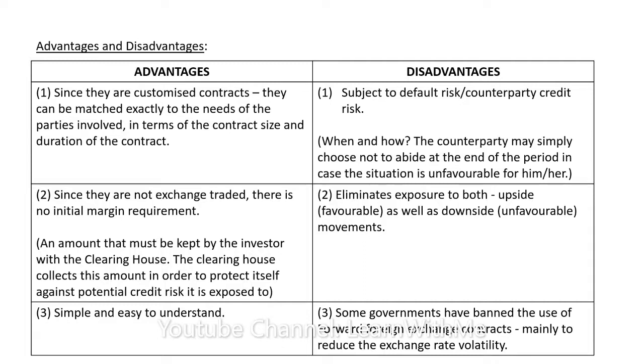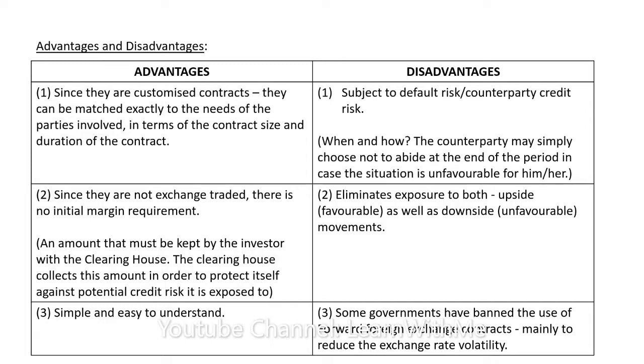The first and the most important disadvantage of a forward contract is that the parties involved are always subject to a counterparty credit risk. When and how?